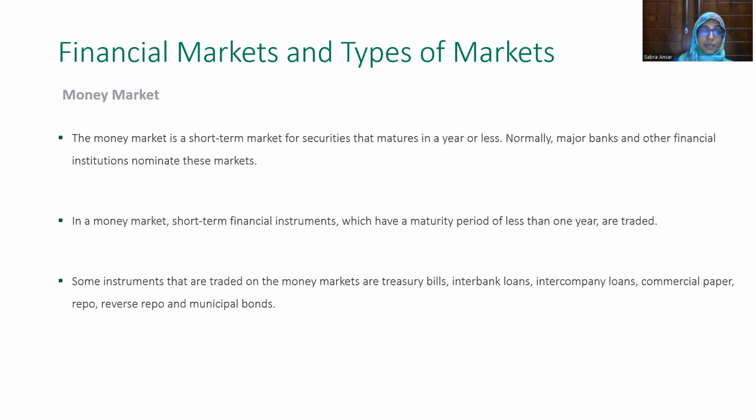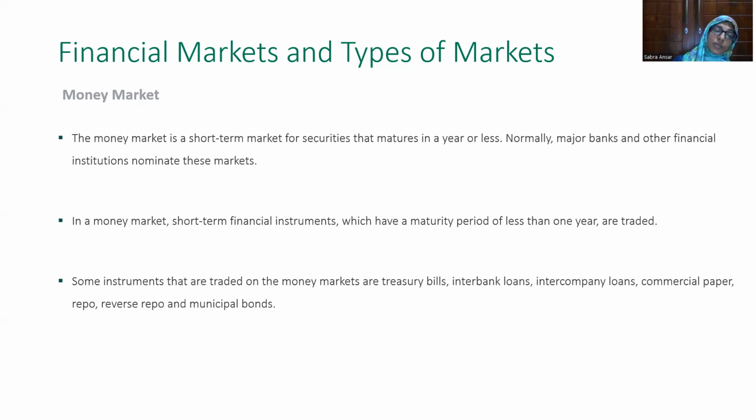So basically money market would be a market in which investors sell and buy securities of short term. When I say short term, it means that the maturity period is less than 1 year and it is traded in this particular type of market.